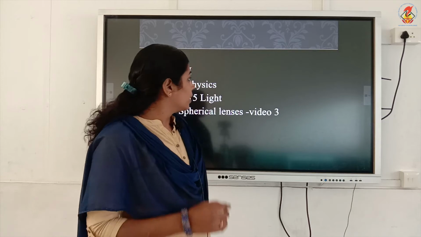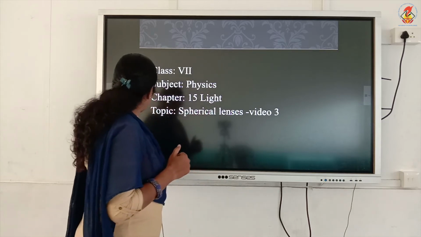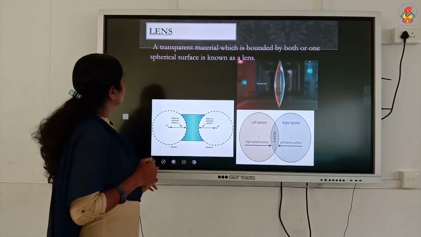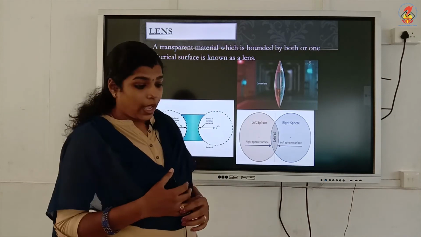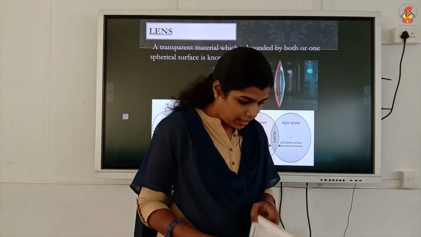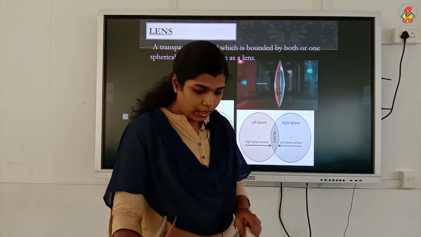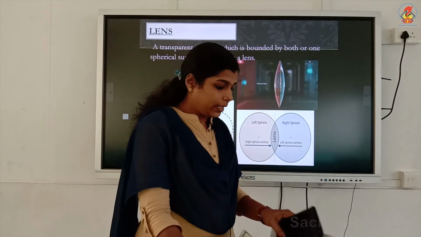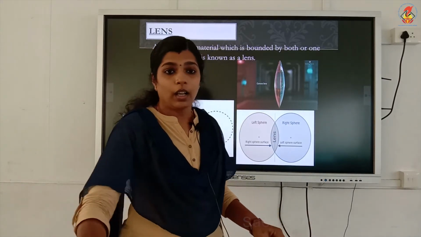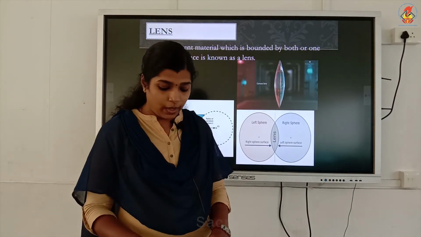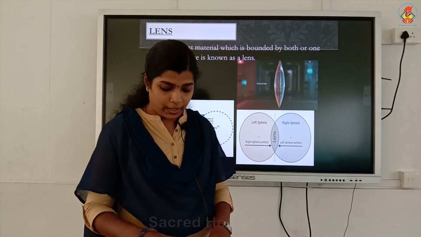There are two types of lenses: one is concave and the other is convex.